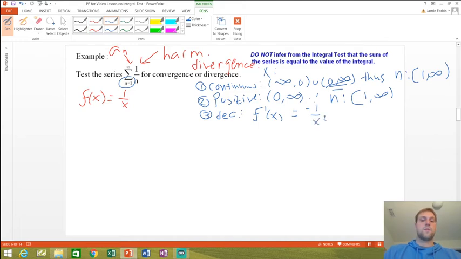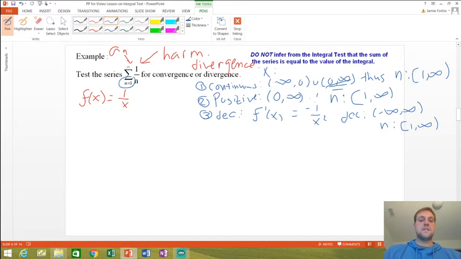No matter what term I plug into that, it's going to be negative. So it's decreasing from negative infinity to positive infinity, and in terms of n, it would also be decreasing on that interval because that's included in the interval for x. So we just showed that for the n values from 1 to infinity, it's always continuous, always positive, and always decreasing.